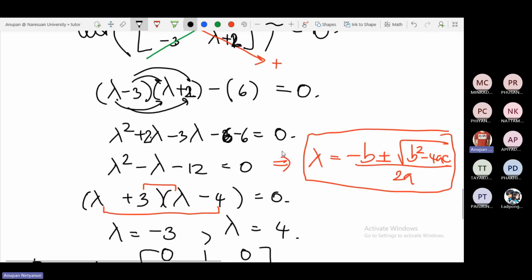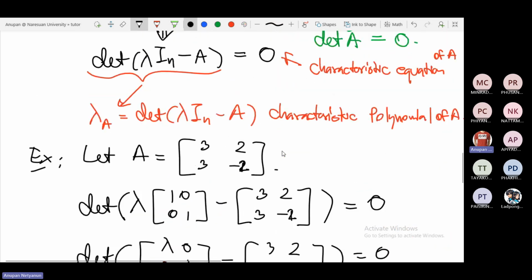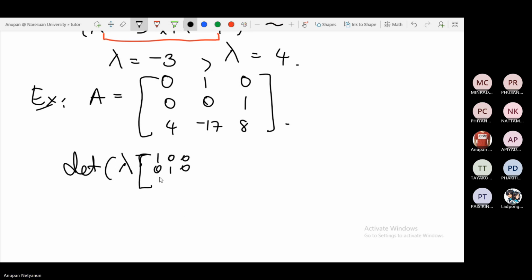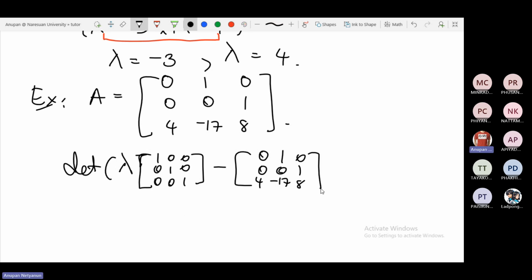Okay, so I'm going to look again at the characteristic equation, so the determinant of lambda, now you talk about 3 by 3, so this one has to be this minus A, which is 0 1 0, 0 0 1, 4 -17 8, equals 0.